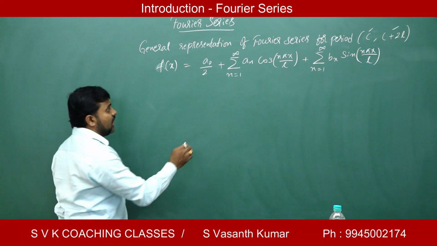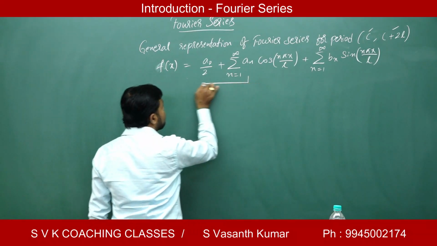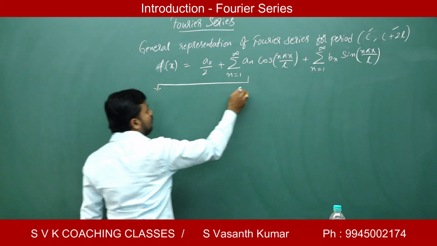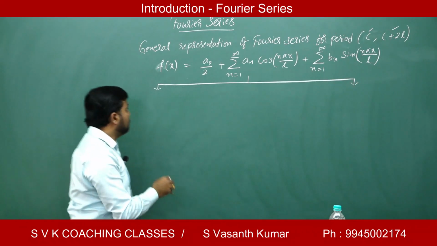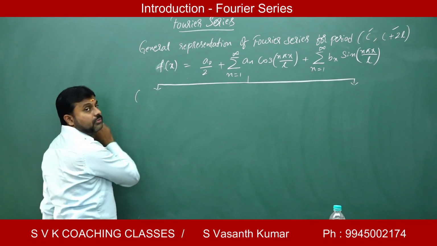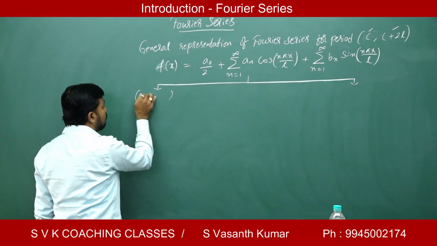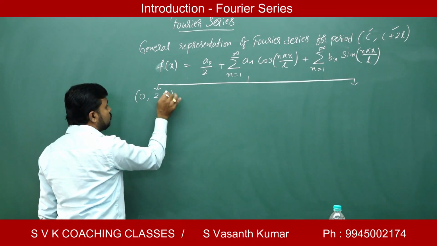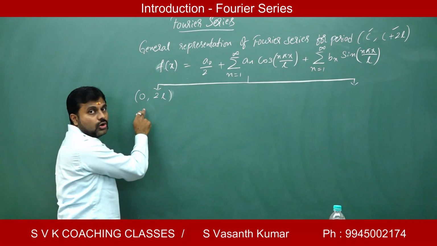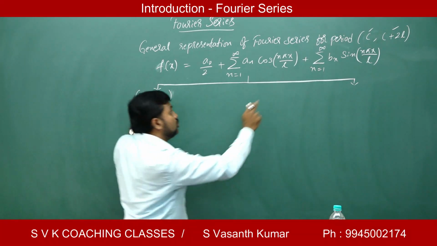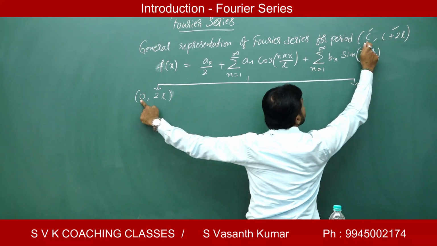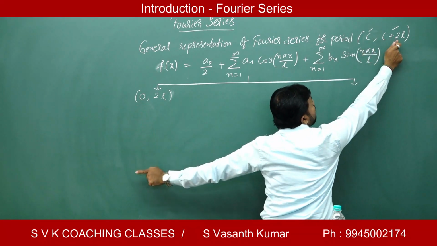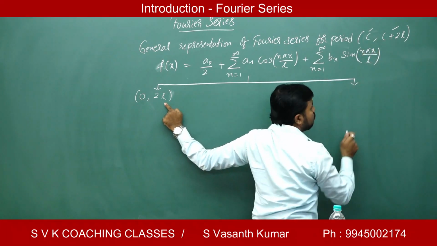Now in this we have different intervals. You may have the interval like 0 comma 2L. If you put c equal to 0, what you are going to get? 0 comma 0 plus 2L, which is nothing but 0 comma 2L.